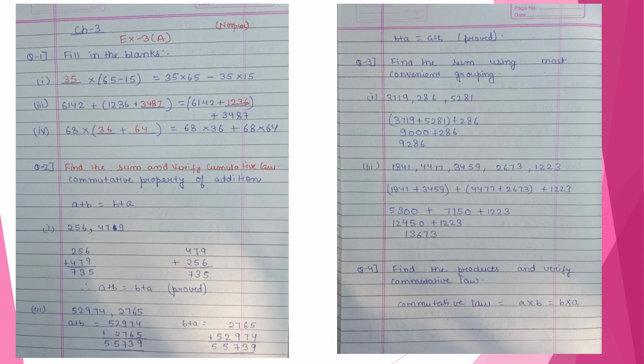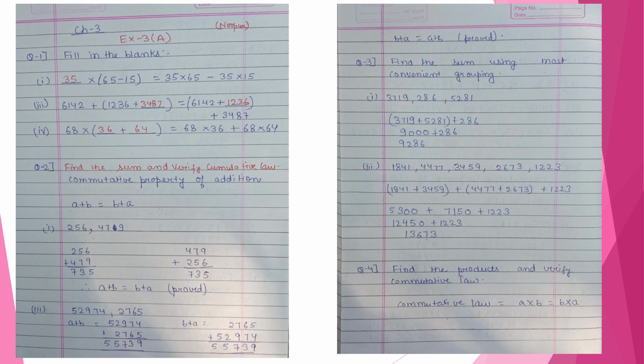Now question number 2. Find the sum and verify the commutative law of addition. So let us discuss what is commutative law of addition here. A plus B is equal to B plus A. So we'll add the two numbers given in the first part, 256, 479.